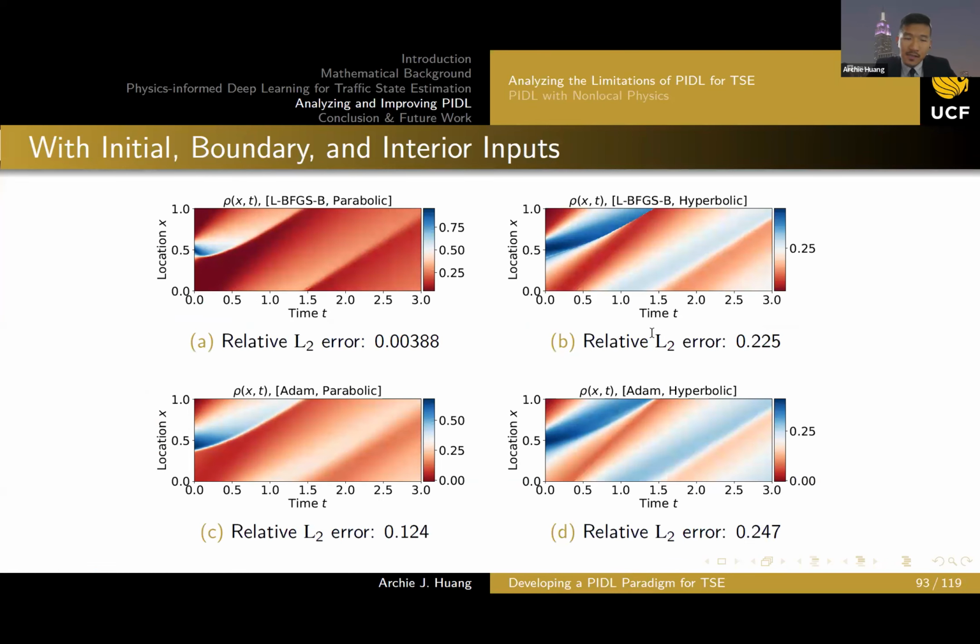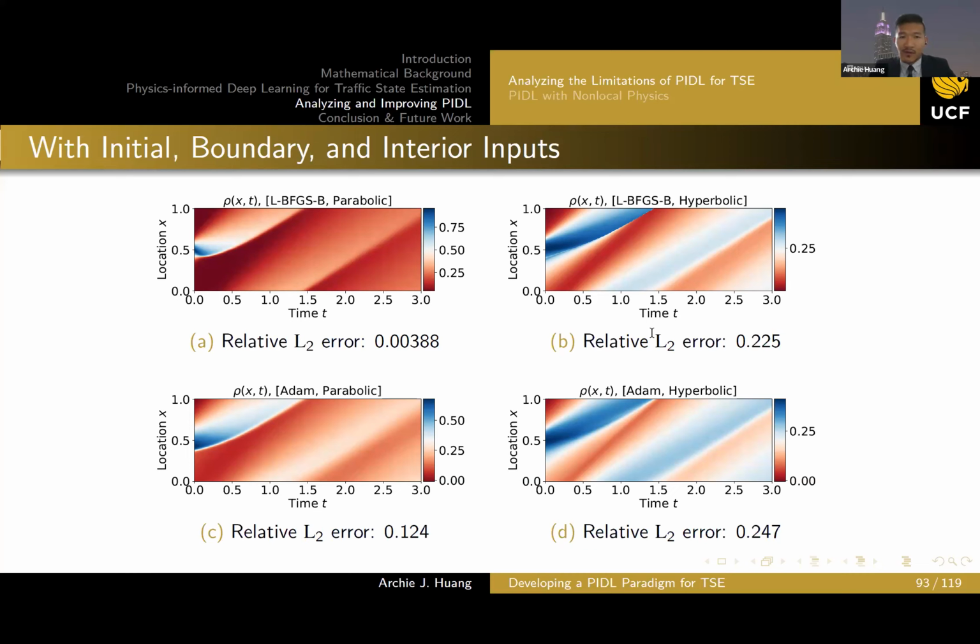In the second training setting, we included the interior points. When we look at these four subfigures on this slide, we notice in subfigure A, again, that the parabolic version PDE with the L-BFGS-B optimizer has the best reconstruction results.